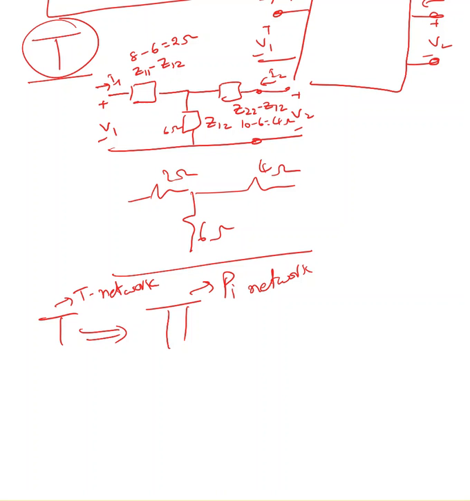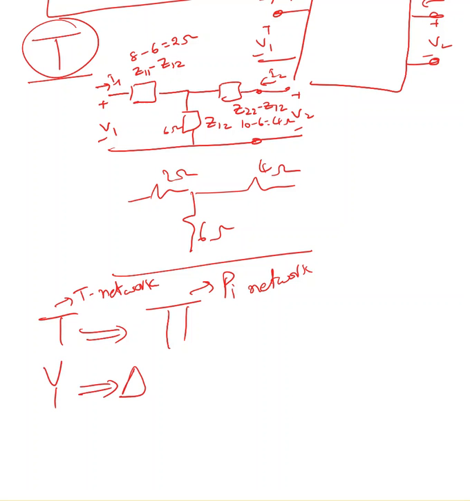So how to convert a T network to a pi network? If you look into this, it looks like a Y, and the pi network is going to look like a delta.